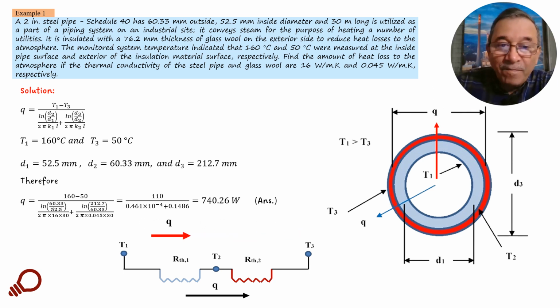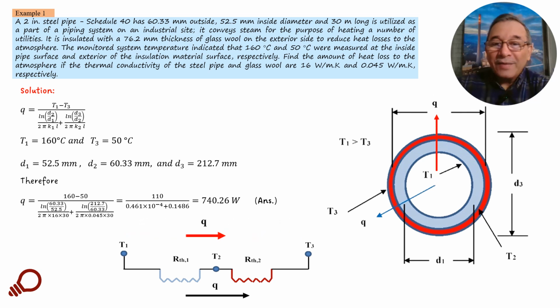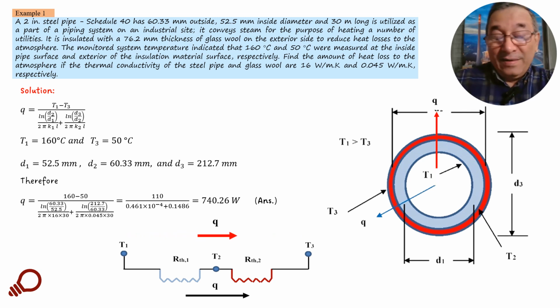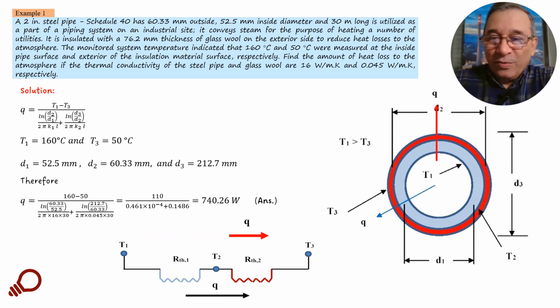Then we will get a total heat loss of 740.26 watt. That amount of heat will dissipate to the atmosphere through the tube wall and the insulation material.